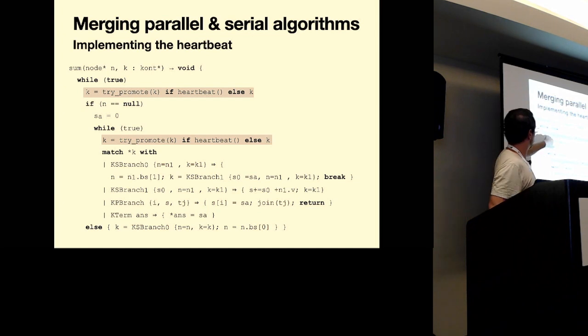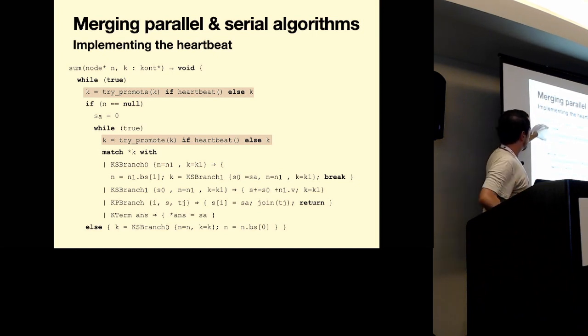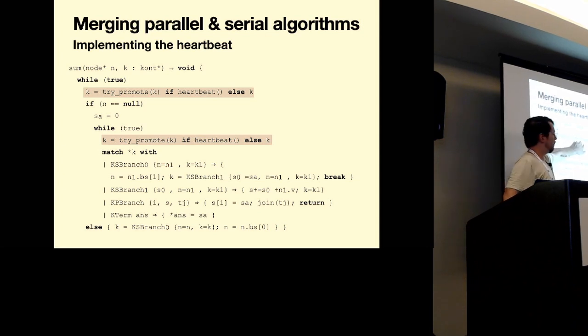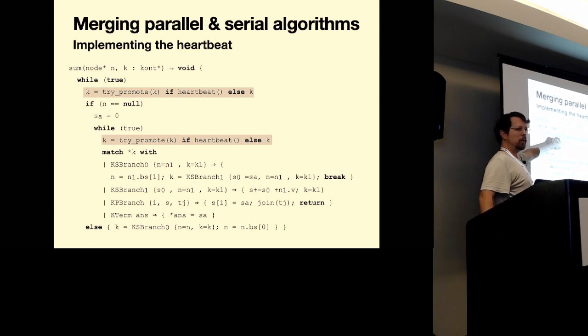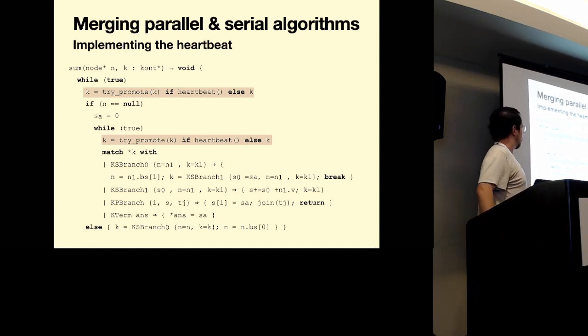Every time around this loop that's descending into the tree, every time we take a step in that loop, we say: if a heartbeat has occurred, which we could implement with a counter or something, if we've taken sufficient steps to amortize creating a task, we're going to try to promote. And the promotion is strictly parameterized over our current continuation. It's just a rewrite, so to speak, on the current continuation.